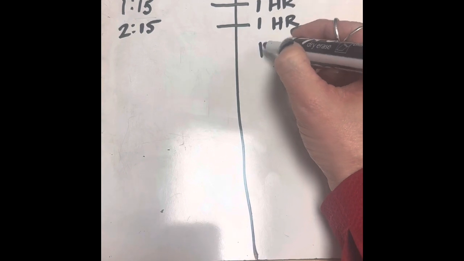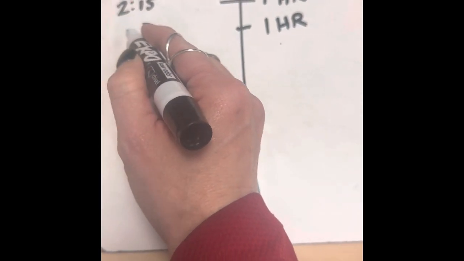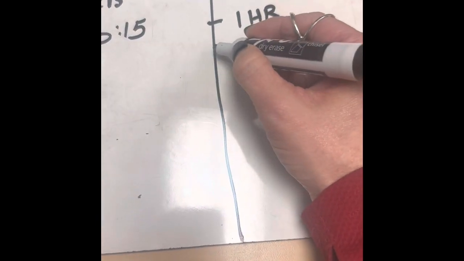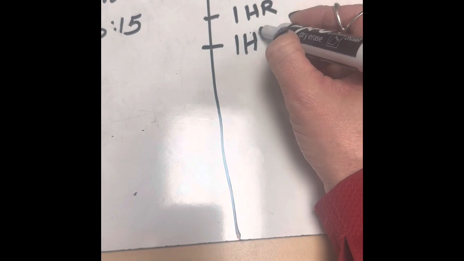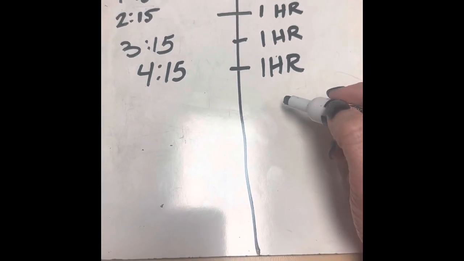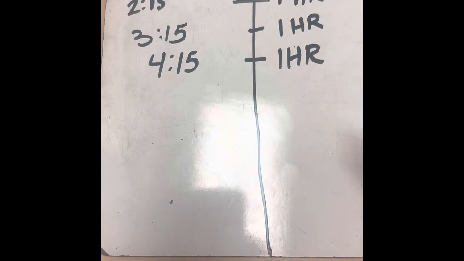So then I add another hour. It's 3:15. And I add another hour. Well, now I'm at 4:15. If I add another hour, that'll get me 5:15, so that's too much. So I know I can't add any more hours, so then I move to minutes.